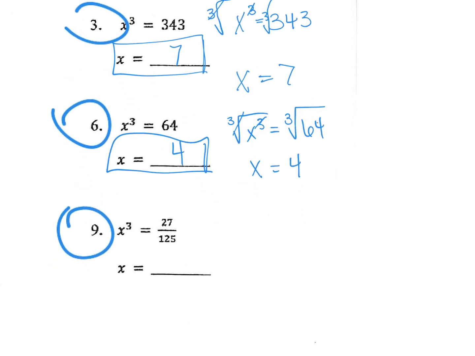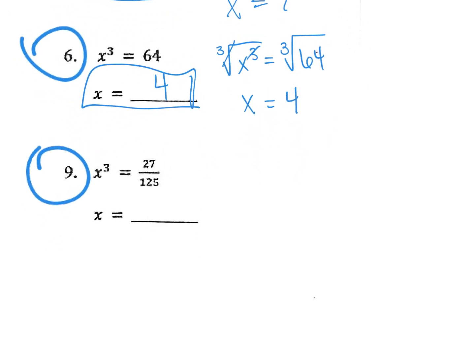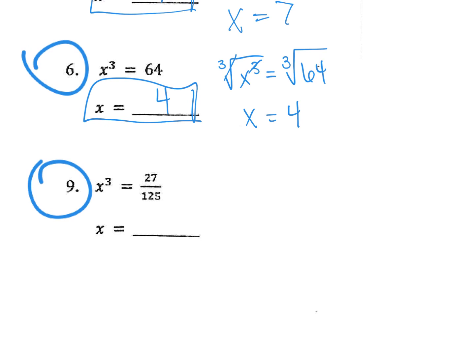It is. And then finally, now we have one that has a fraction. So now we're going to go over here and we're going to say we have x cubed equals 27 over 125. You take the cube root to undo the cube that we have on the x.